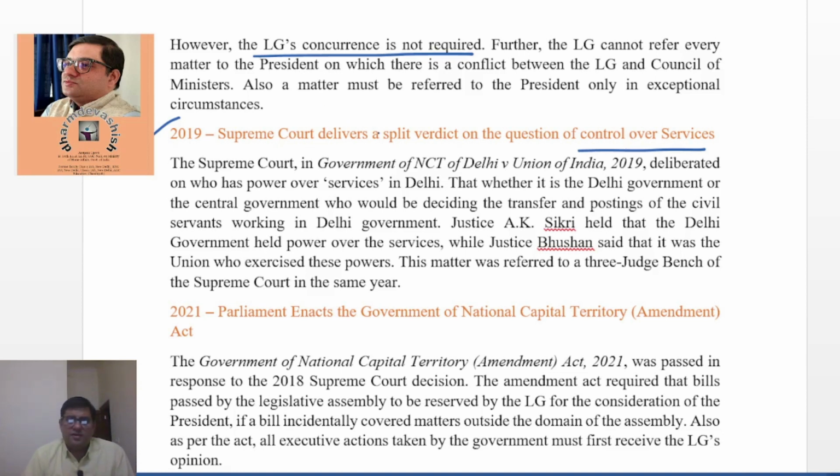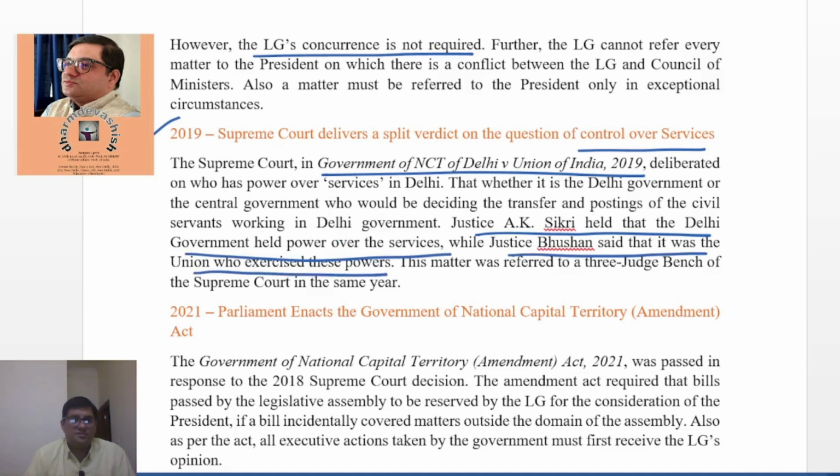Now, in this case, Government of NCT of Delhi versus Union of India, the Supreme Court gave a split verdict. Split verdict in the sense that one judge, Justice A.K. Sikri, held that the Delhi government would have the powers over the services, whereas Justice Ashok Bhushan said that it would be the Union who would be exercising these powers.